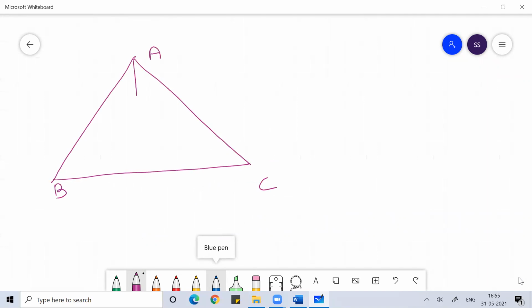So in triangle ABC, if you draw a 90 degree line, this AD is called height or altitude.